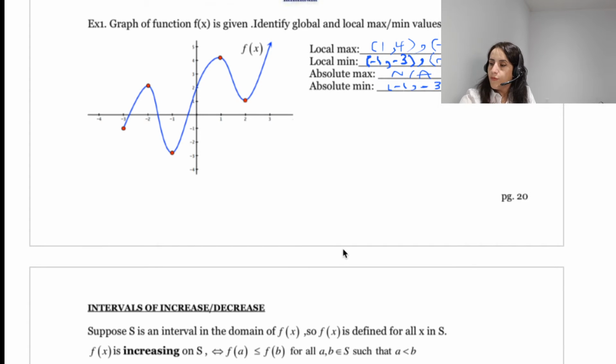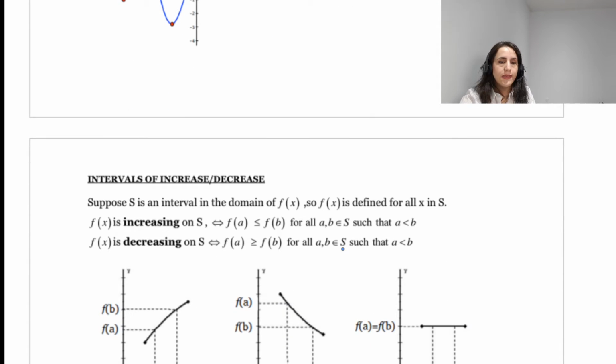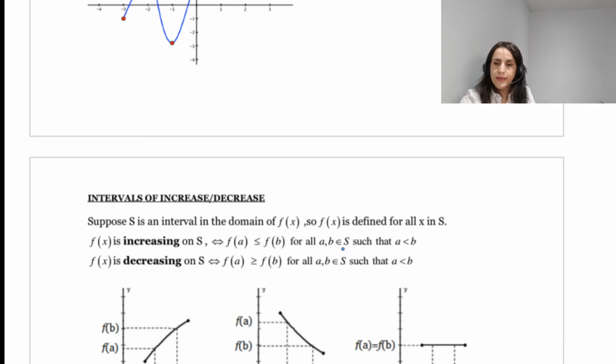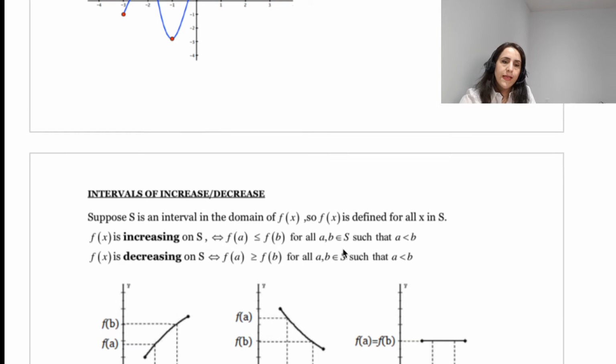Okay, now we are going for the next step. It's increasing and decreasing. The topics that we are going over are the basics that you are going to learn here, and you are going to work more on them in calculus if you are taking calculus next semester or next year. Increasing, decreasing, finding a maximum, minimum, they are the topics that you are going to see very well in calculus.